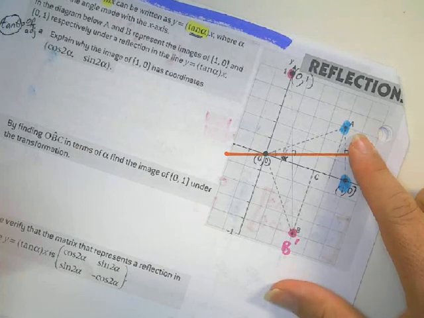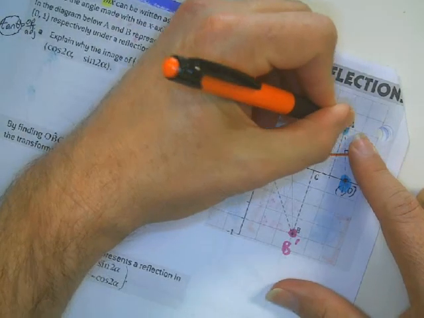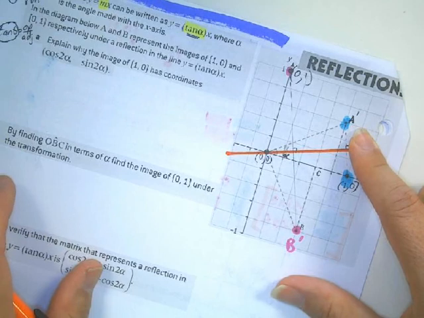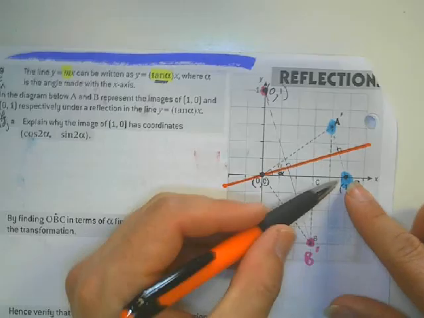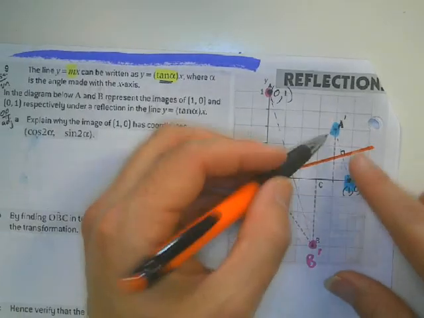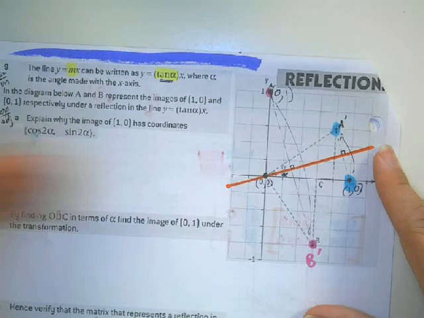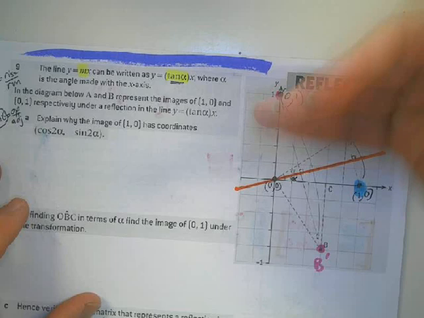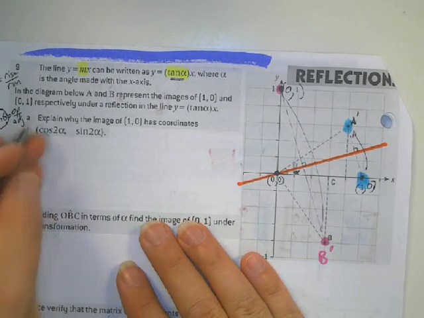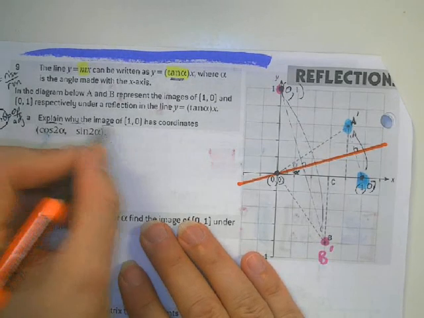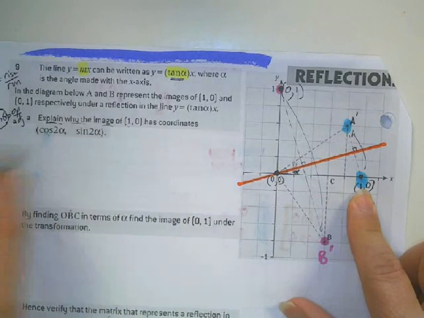I'm going to call that A prime. Okay, so just so you can understand, we're trying to move this one to here, and we're going to try to move this one down to here, in order to do a reflection. So we're going to explain why the image of 1, 0 has these coordinates here.